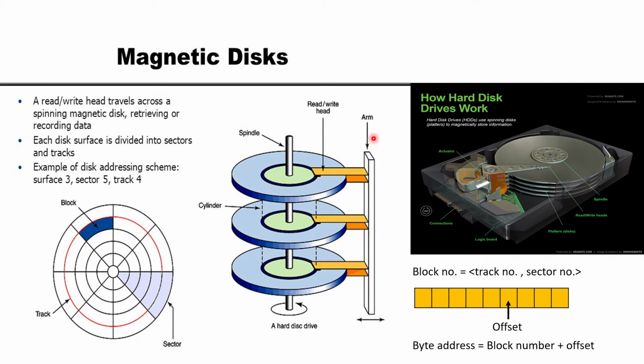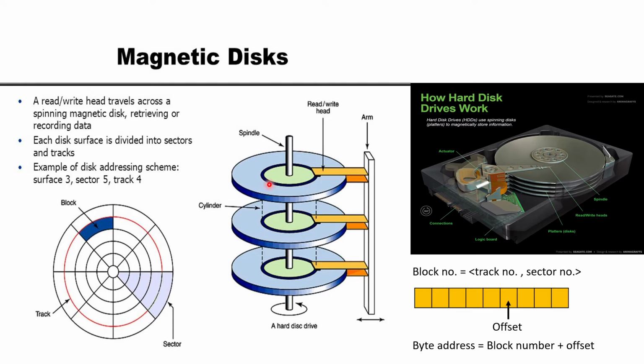This arm moves from here to here in this way, and this spindle moves in this direction. So naturally this read write head can read any data present anywhere in the disk.